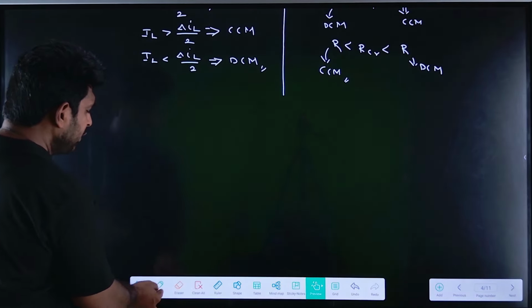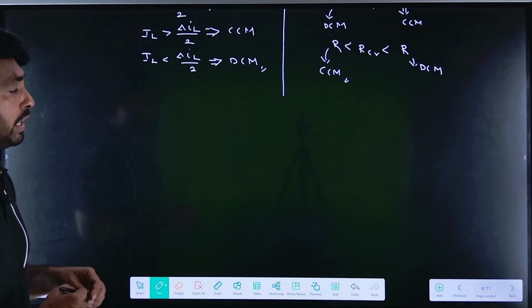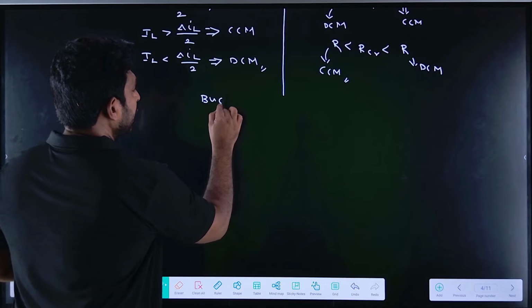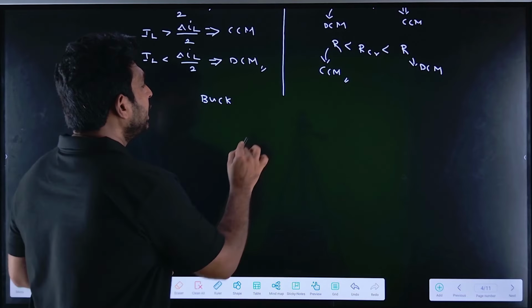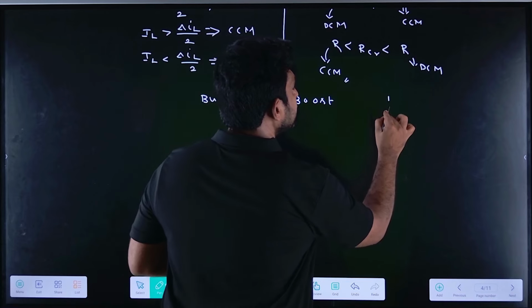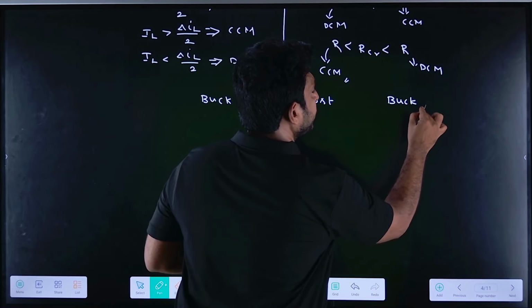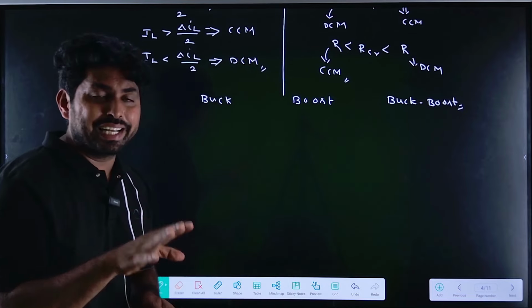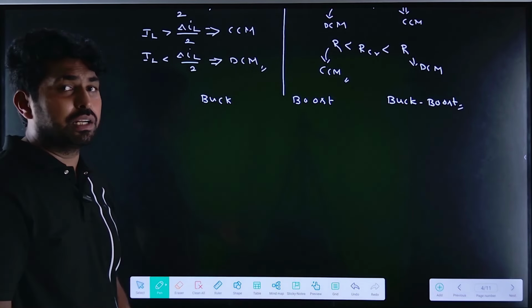In case of the buck converter, boost converter, and buck boost converter, we have derived it. So let me take the buck converter condition, the boost converter condition, and the buck boost converter condition. Now let us see what the critical conduction mode is. We derived it initially.